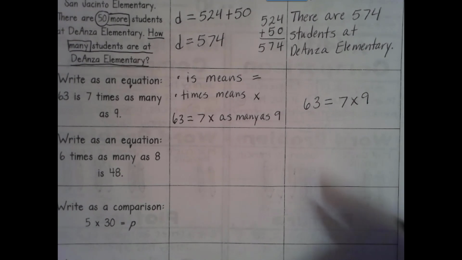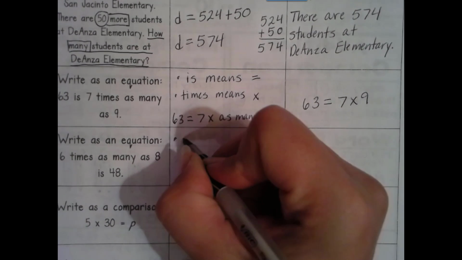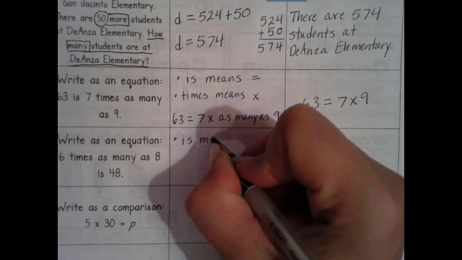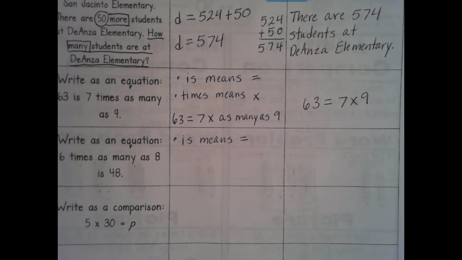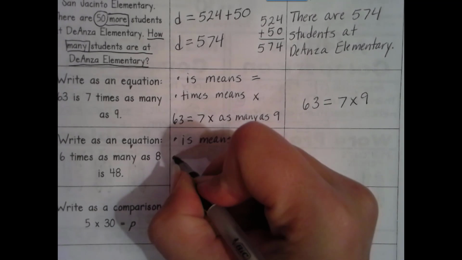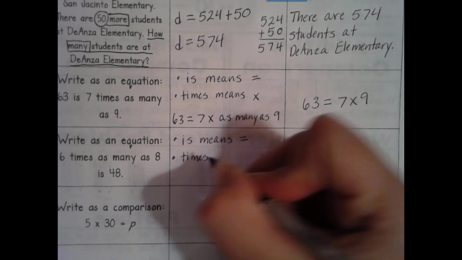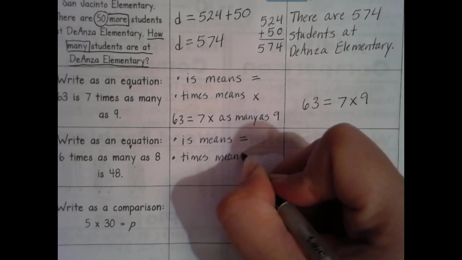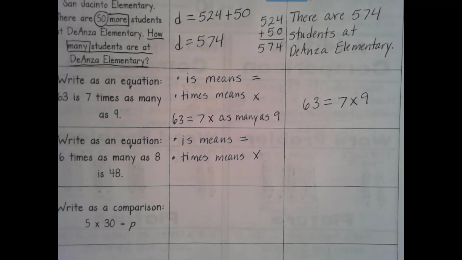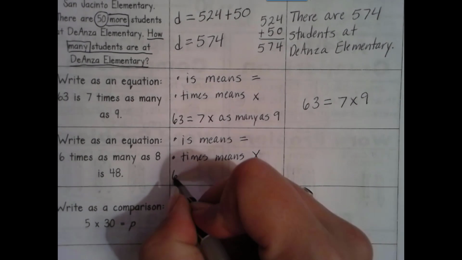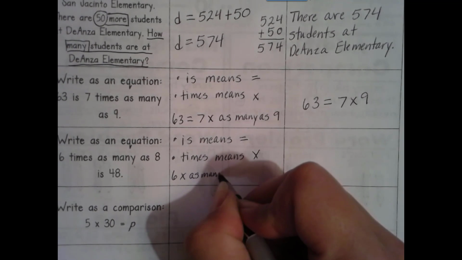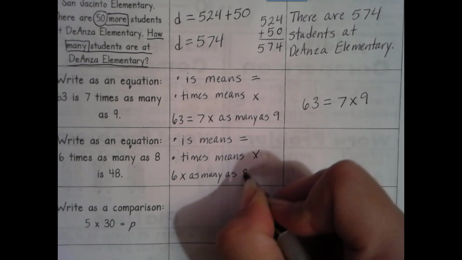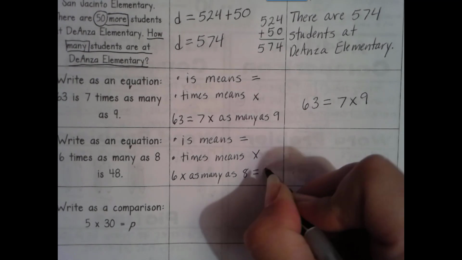Next one, we're going to write an equation again. Is means equals. So it is has. That's just the past tense of is. Times, we use that symbol of X. So 6 times as many as 8 is 48.